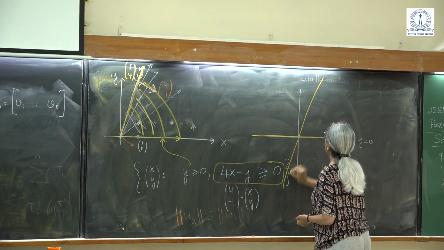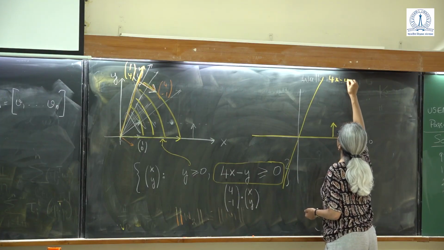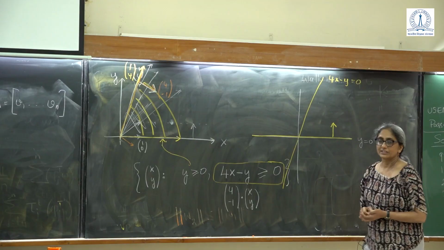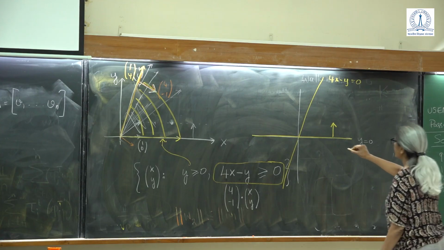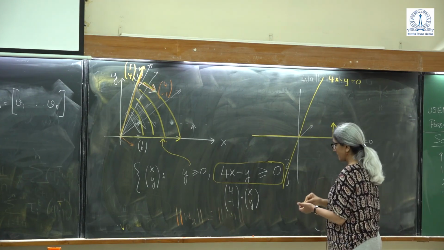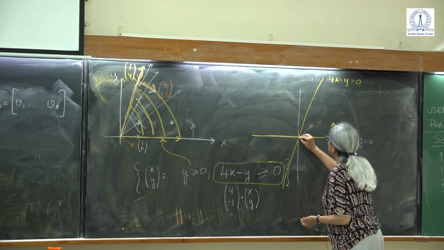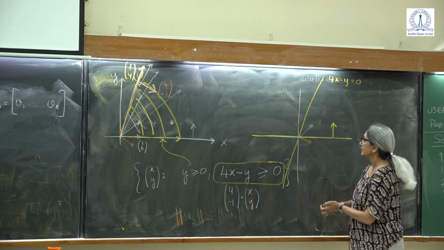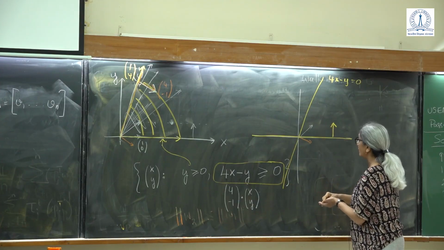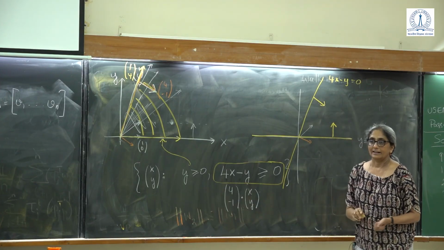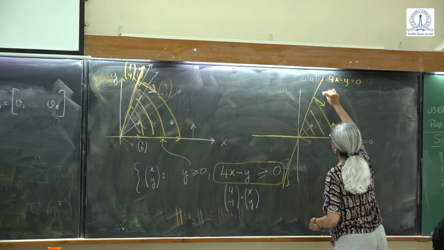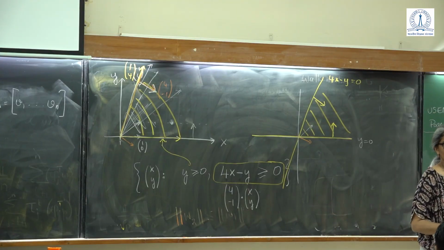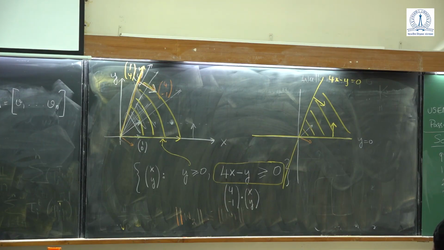Then you decide which side you want to be on. We're interested in vectors that make an acute angle with the normal, which is here. If we satisfy both inequalities, then we get exactly the cone. Everybody okay? So everything has a generator representation and an inequality representation.